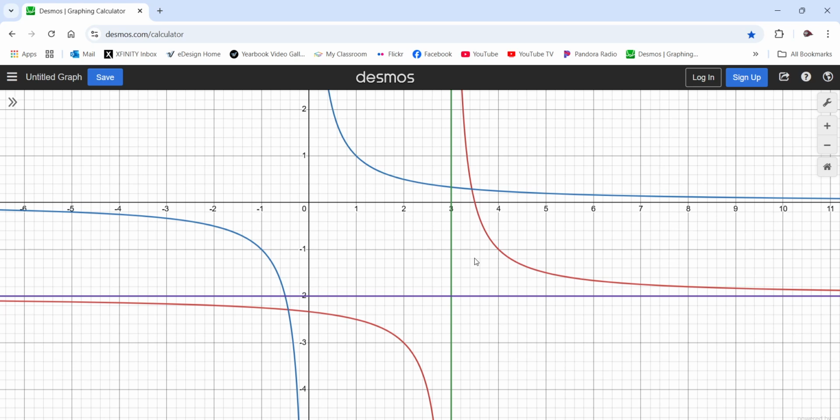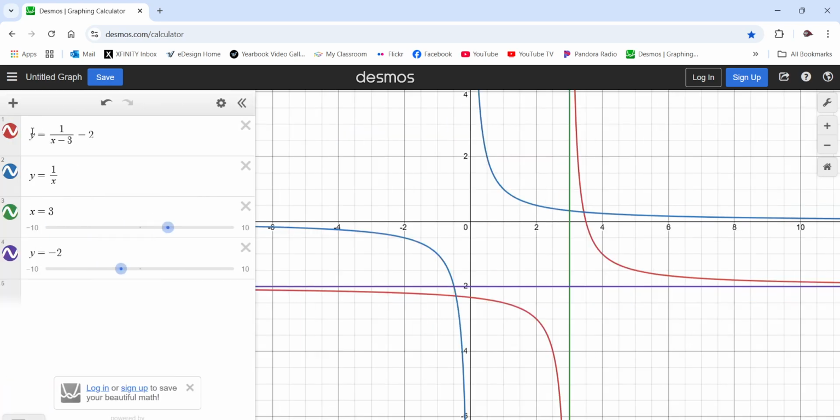Okay, so if I asked you to graph this red one right here, the first thing I would do is figure out what your horizontal asymptote and vertical asymptote are. How do you find your vertical one? You set this equal to 0, right?